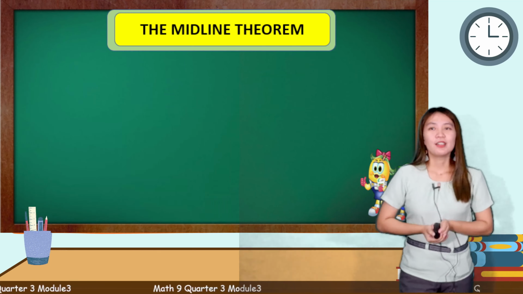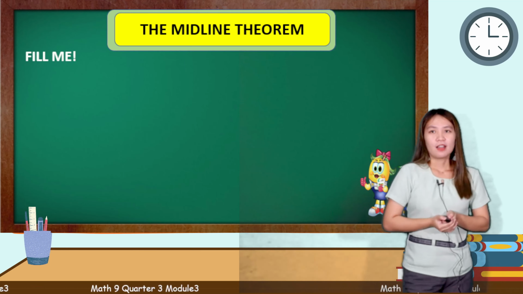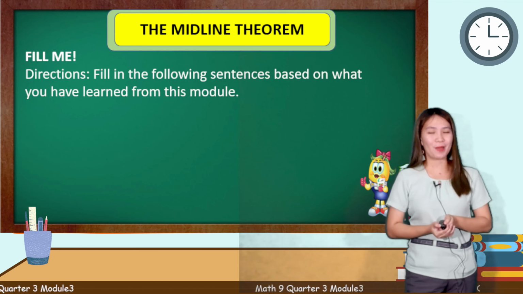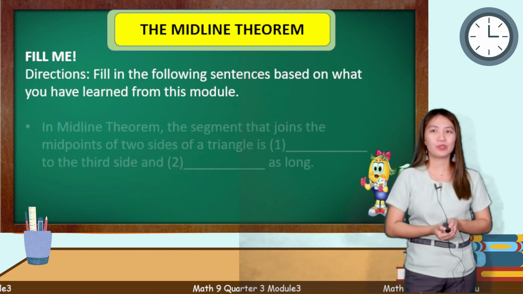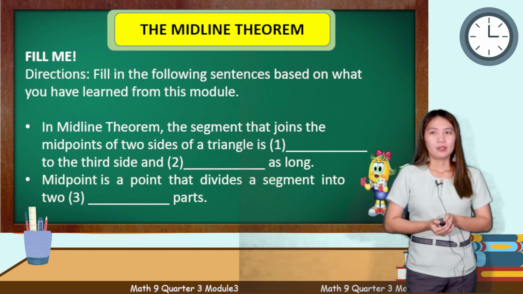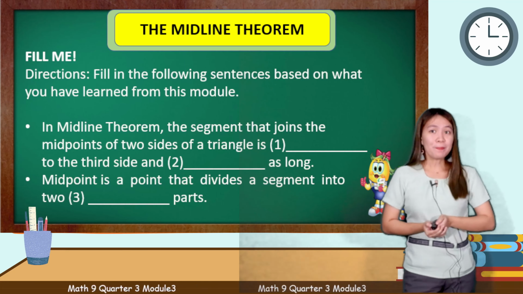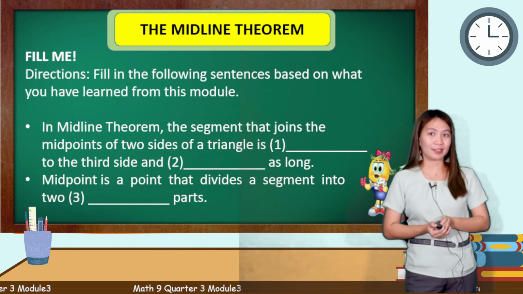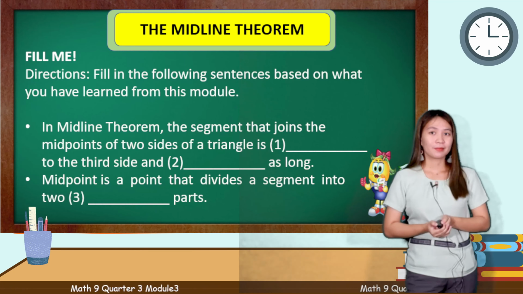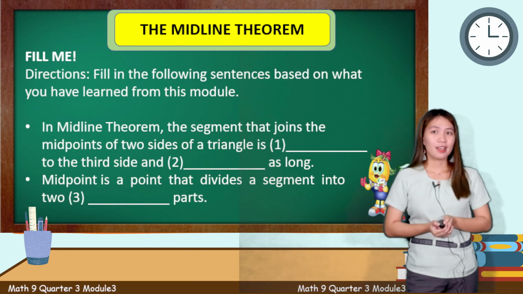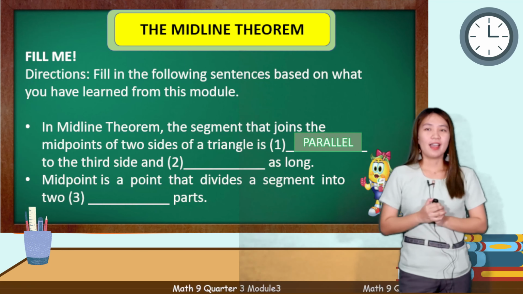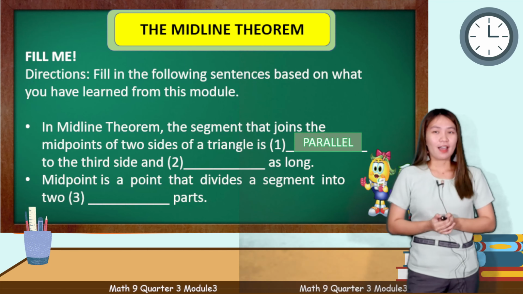Very good. So, this time, you need to fill in the following sentences based on what you have learned from this module. So, in the midline theorem, the segment that joins the midpoints of two sides of a triangle is blank. The answer there is, it is parallel to the third side. And blank as long.